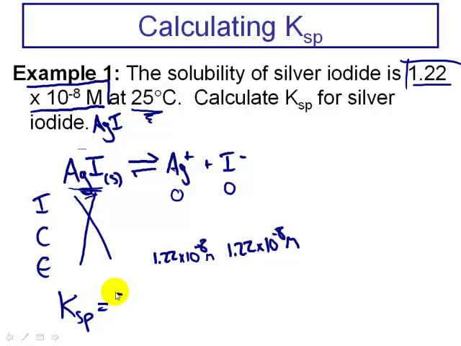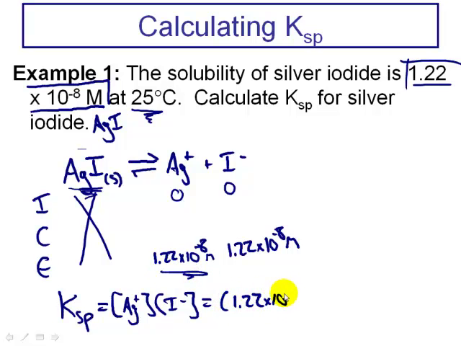KSP is going to be equal to the molarity of silver ions times the molarity of iodide ions, which is just going to be this number, 1.22 times 10 to the minus 8th power molar, squared. If you plug in your numbers and do the calculation, you get 1.49 times 10 to the minus 16th power.